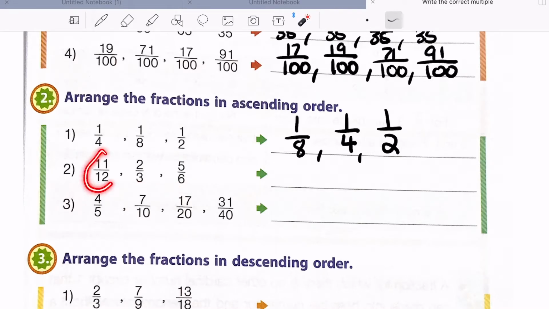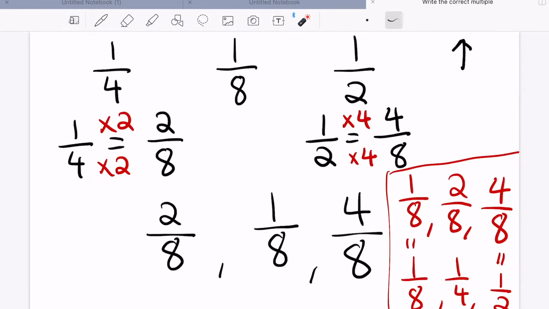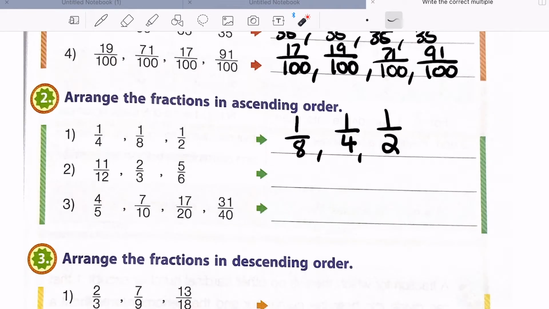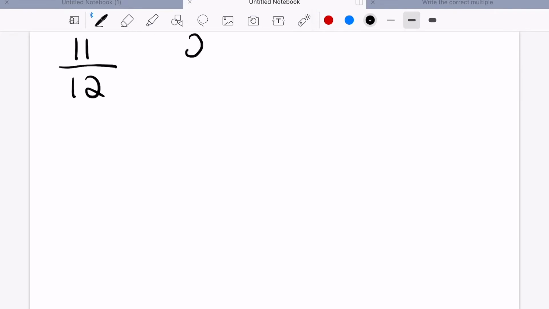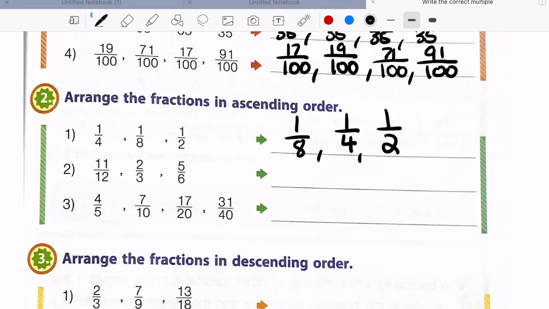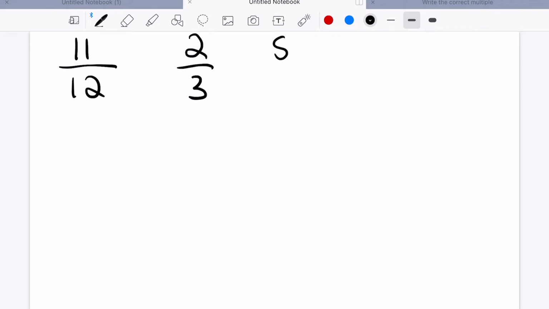Here we have 11/12, 2/3, 5/6. All right, let's start a new page. Let's write down 11/12, 2/3, and 5/6.